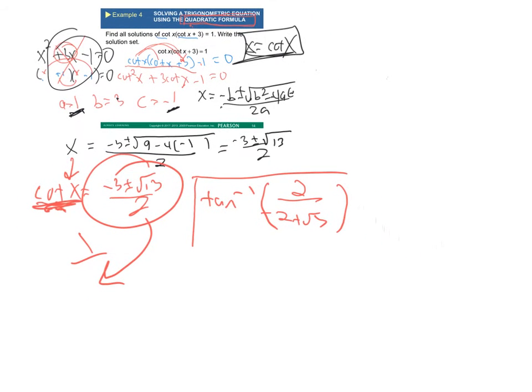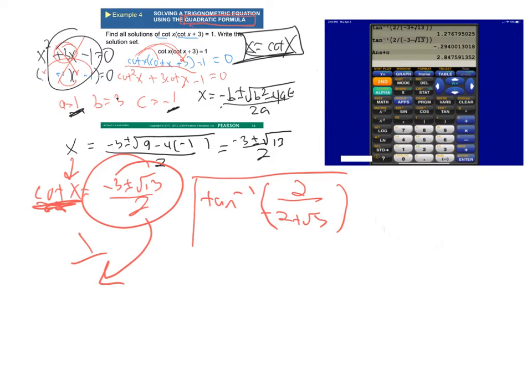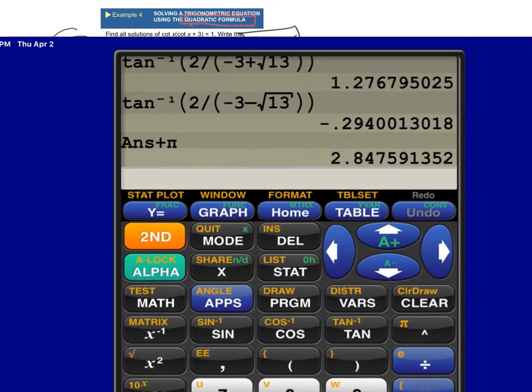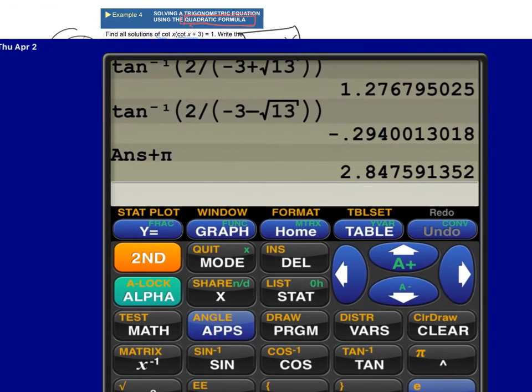Okay, I gave you some time. Now I'm going to load the picture. There it is. And let me explain to you everything I put in here. This is exactly what I wrote down. Arctangent of the reciprocal, 2 over -3 plus the square root of 13.